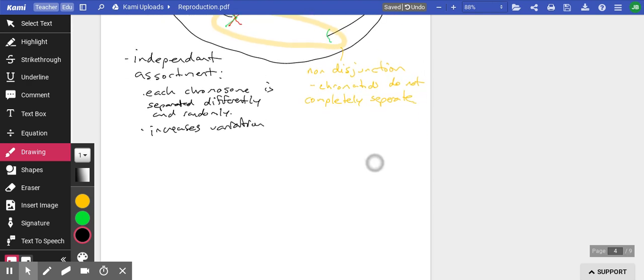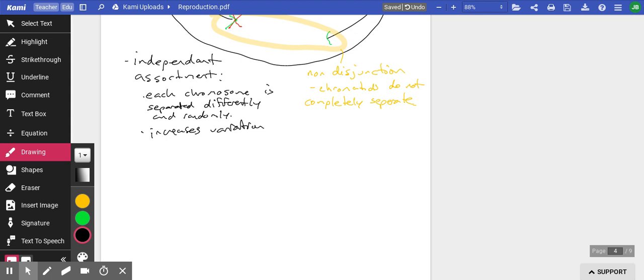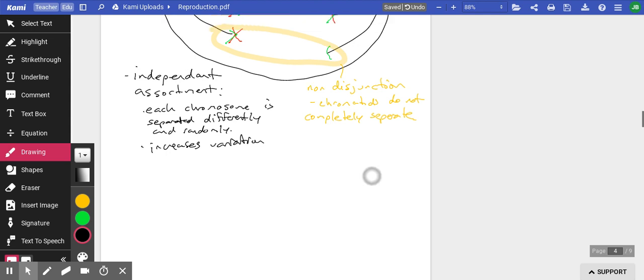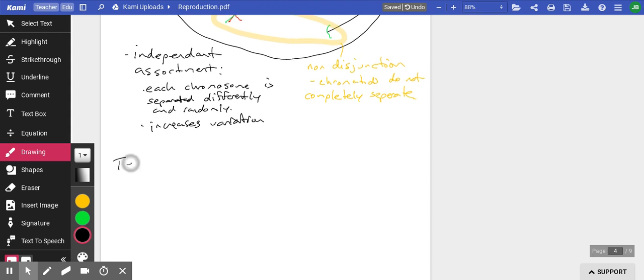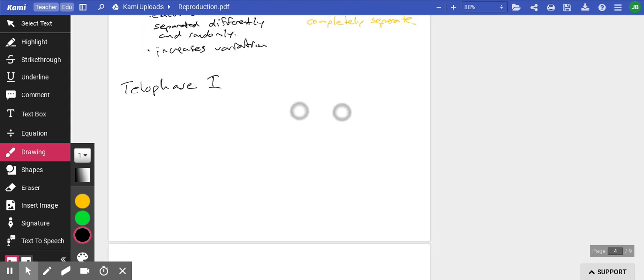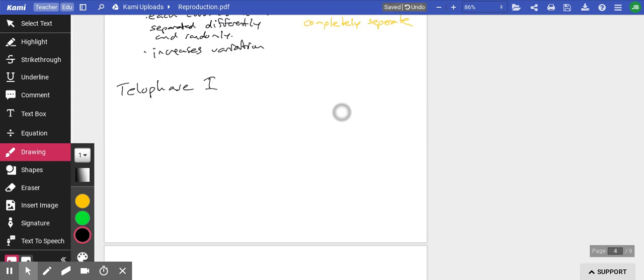Telophase 1, and really the rest of meiosis, is straightforward. Nothing else interesting happens. In telophase 1, in cytokinesis, the cell is going to pinch off into two cells.